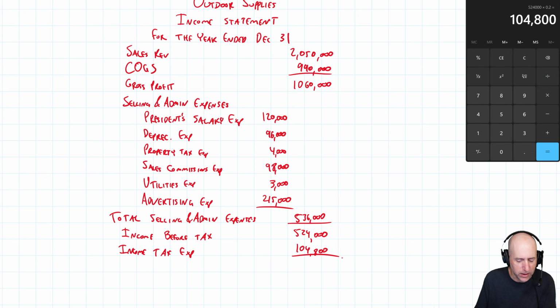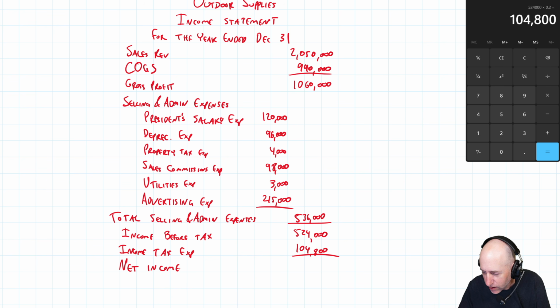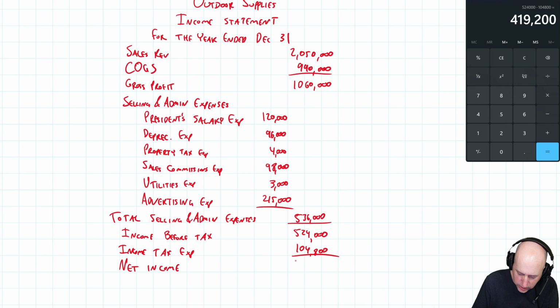Income before tax minus income tax expense brings us to a very important number, the profit, which we call net income. How much money did they make? 524 minus 104,800 equals 419,200. That is our net income. That's how much money this company made.